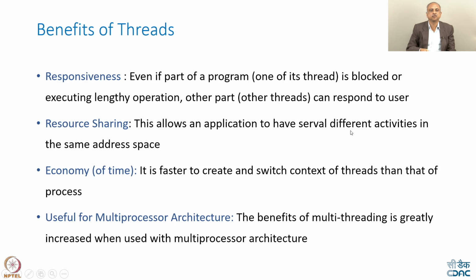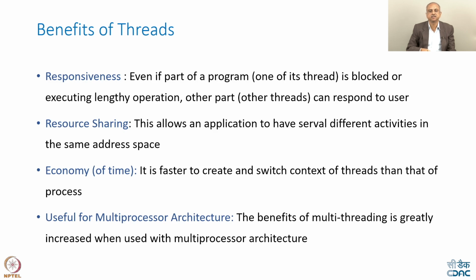So, the benefits of threads include responsiveness, that is, even if one of the threads is stuck, other threads can respond. Then it has effective sharing of resources, because some of the things are common. We saw in the previous slide that the code, data and open files are common.